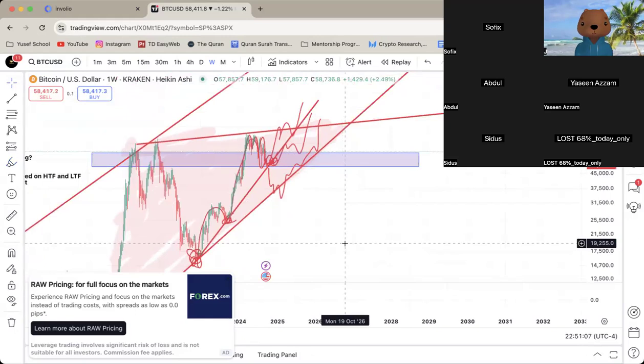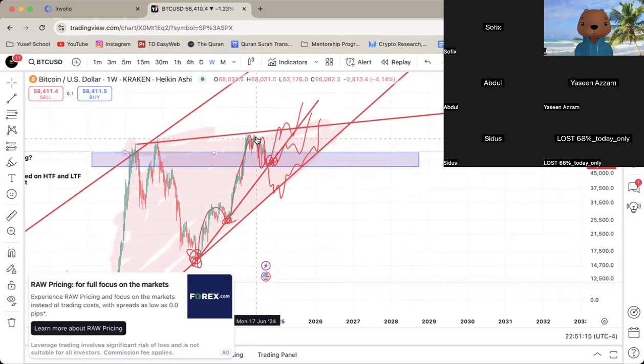Bounce off trend line, on resistance level 72K. Okay, and this is my BTC analysis. So whenever I want to trade BTC, I'll open my analysis notes, and I'll open this page, and this will be the page for my BTC trades.